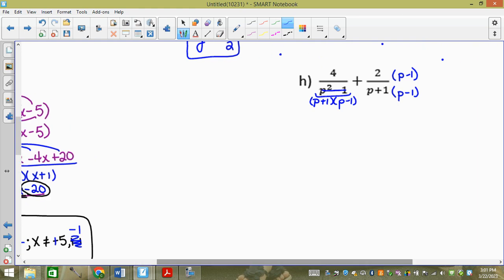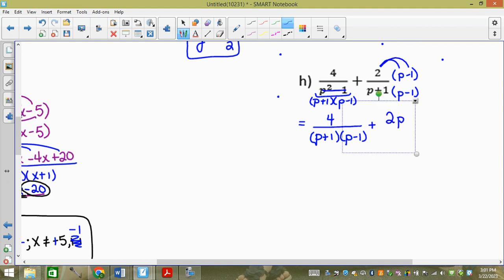So here we have 4 over p plus 1, p minus 1, plus 2p minus 2. We distribute our tops, but we don't distribute the bottoms, the denominators. P plus 1, p minus 1. The moment you have a common denominator, you can write it over one denominator, right?